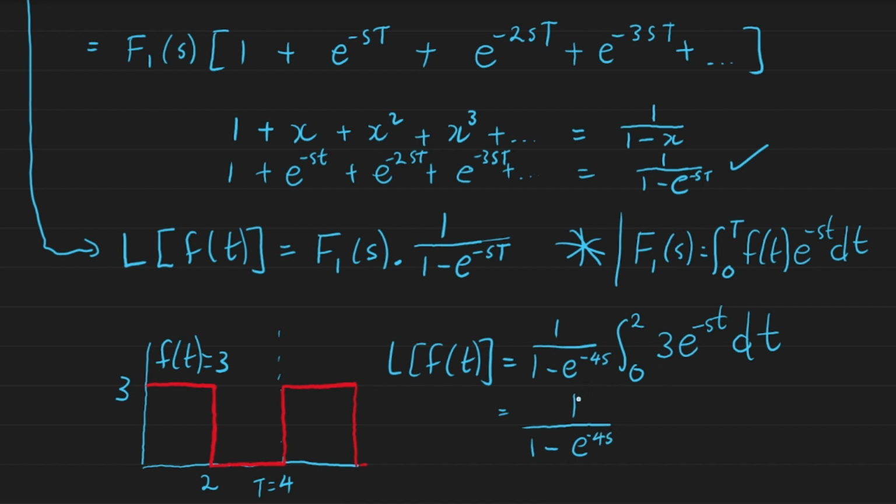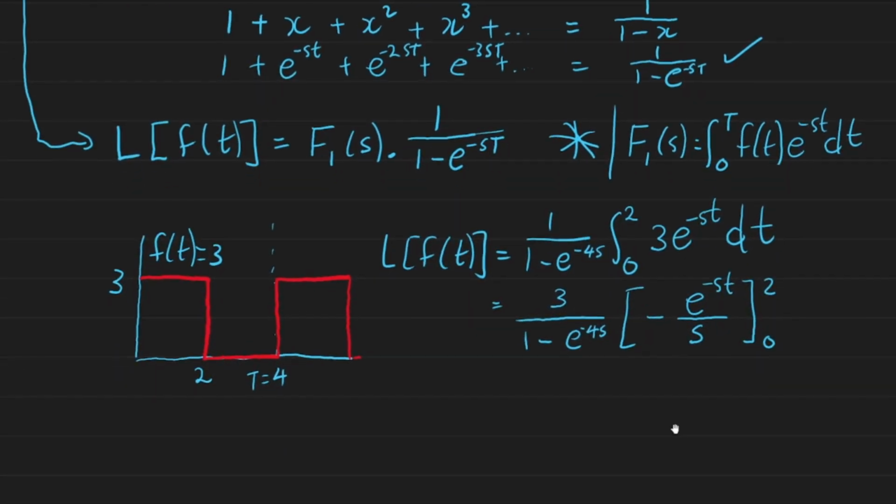And we just integrate that. We can bring out this 3. And if we integrate it, the integral of e to the minus st is e to the minus st, and then we have to divide by minus s. And this is integrated from 0 to 2. So this is now equal to 3 over 1 minus e to the minus 4s.